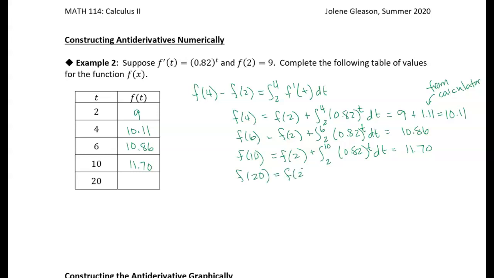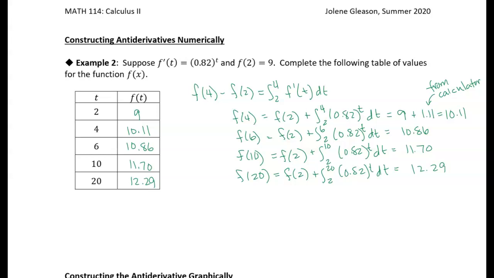So if I just take f of 2 and add the integral from 2 to 20 of the same function, then I got 12.29. So I have constructed an antiderivative numerically, just using numerical methods to evaluate these integrals.